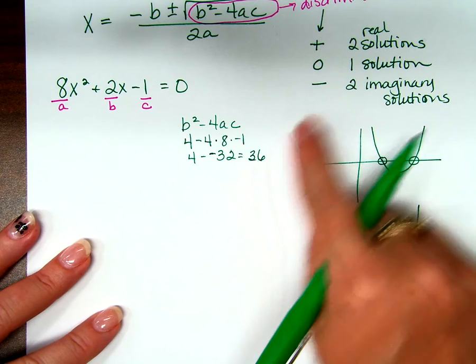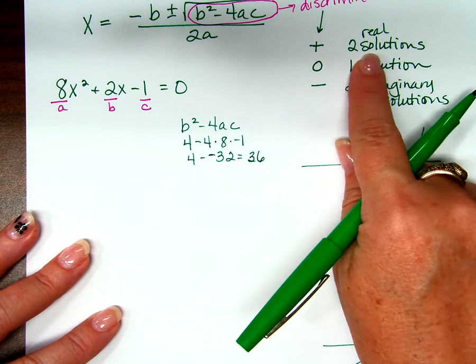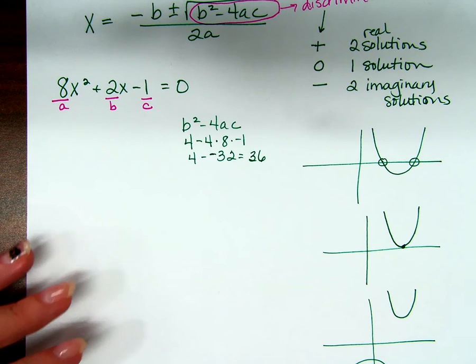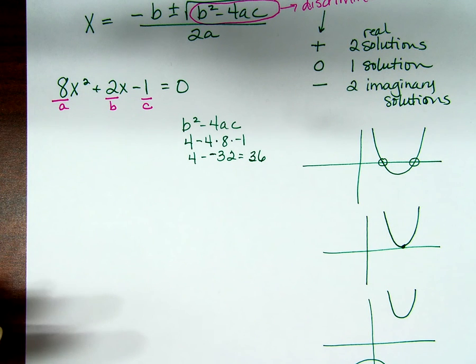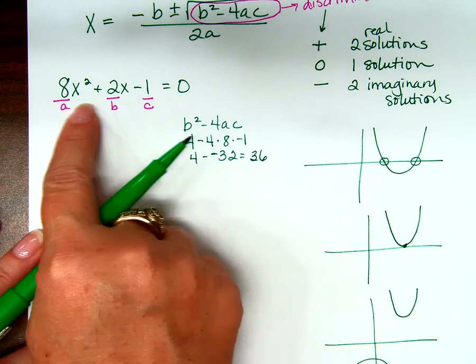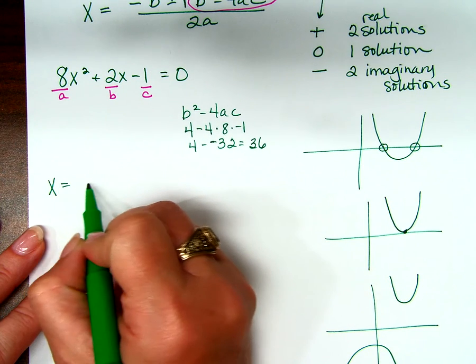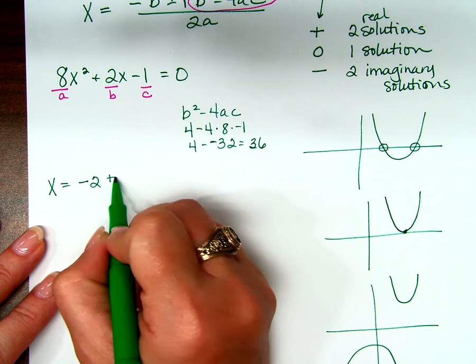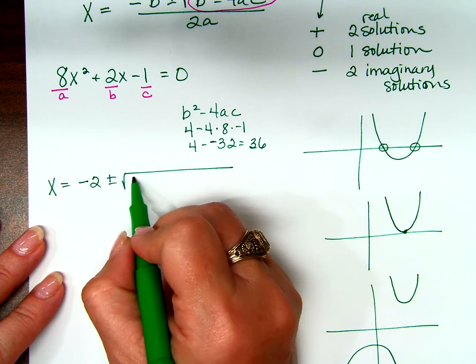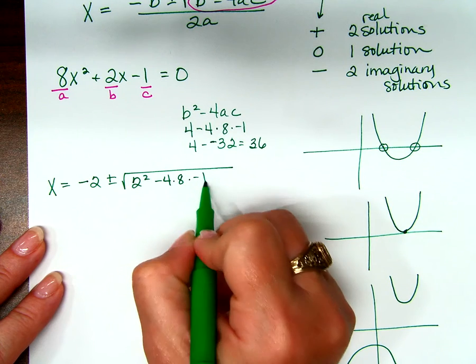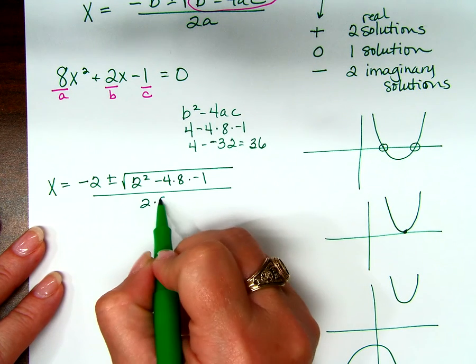Well, 36 is a positive number, so I should get 2 real solutions if I do all my work correctly. Okay. So now let's go ahead and solve this with the quadratic formula. X equals negative b plus or minus the square root of b squared minus 4ac all over 2a.